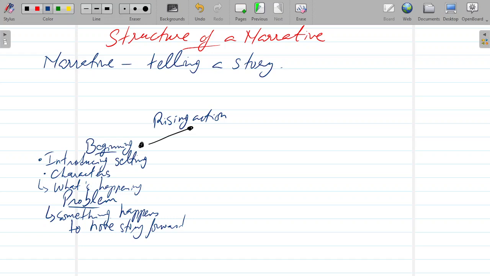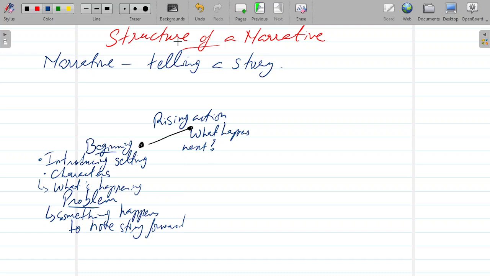Action just means events, right? So once the character faces the problem, how do they react? What happens next, right? How does the story move forward? You want to think about that, right? Progression of your story.